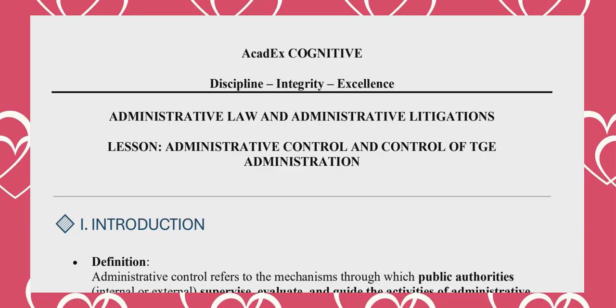And then, when we talk of administrative control and control of the administration, the question is who or what constitutes the administration. You need to know that the administration is vested with the power to care for the day-to-day needs, the day-to-day well-being of the citizens.